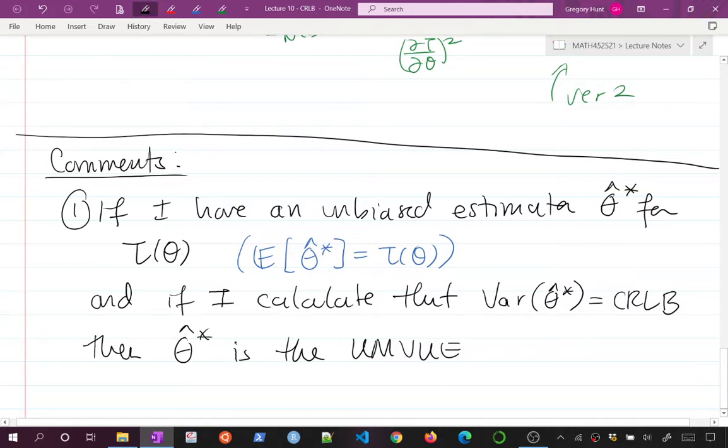Minimum variance unbiased estimator. It is the best estimator.